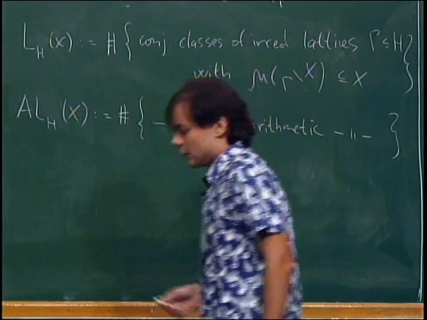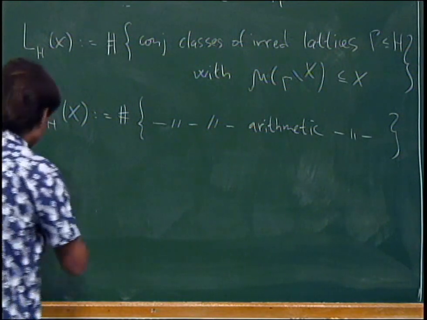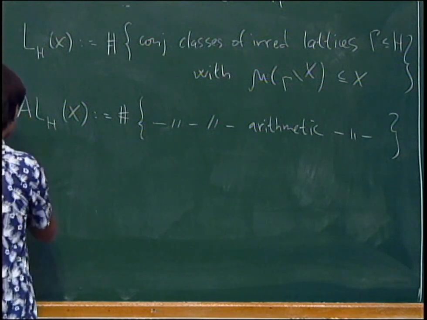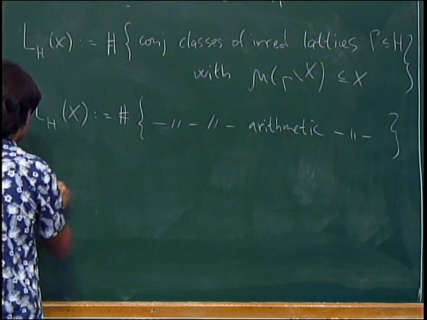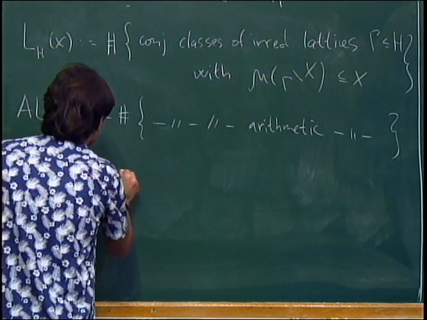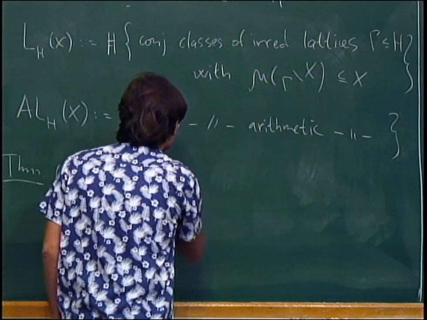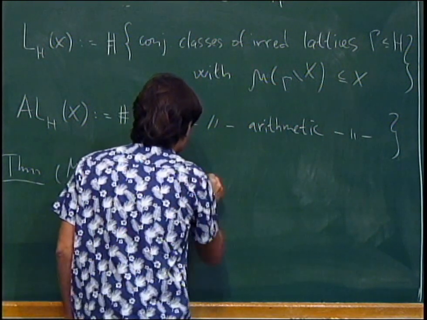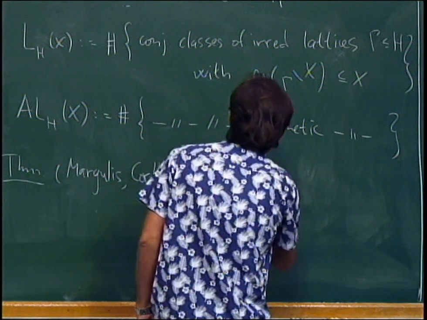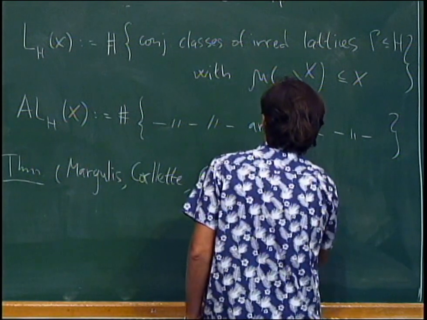Well, these are natural counting functions. One of the actually fundamental results of, say, Margulis, Corlette, and Gromov-Schoen says that for almost all spaces, these functions are equal.